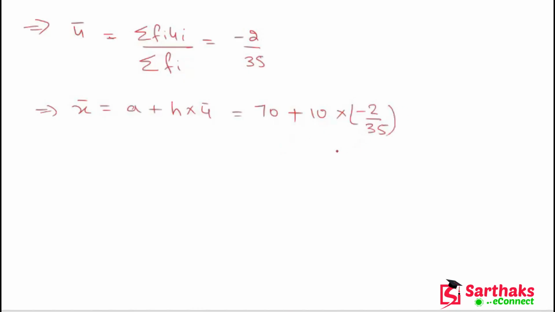I hope you understand these things. So now x bar is equal to 70 minus 20 upon 35. I hope you get this point. After solving this, we get x bar equal to 69.42.